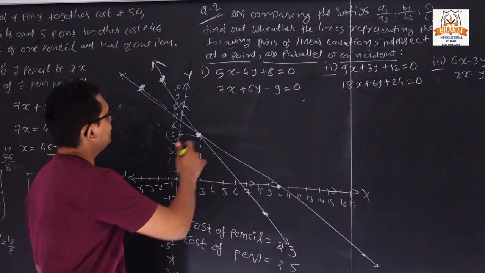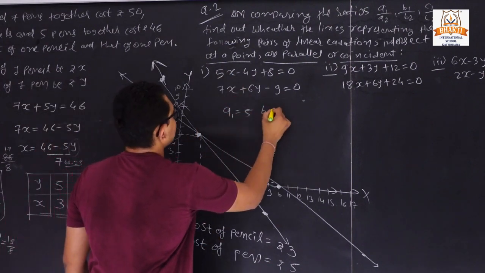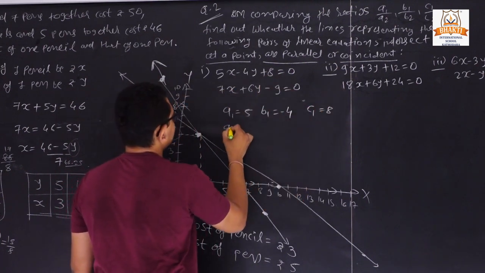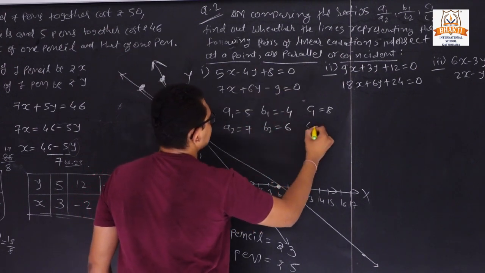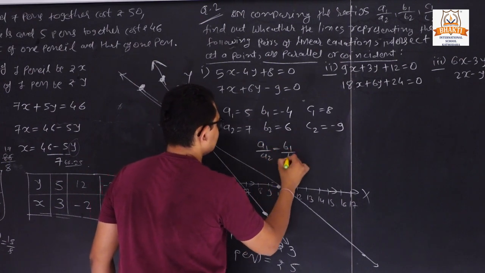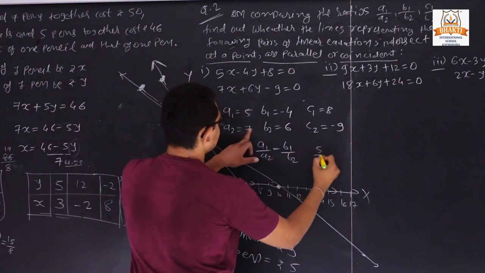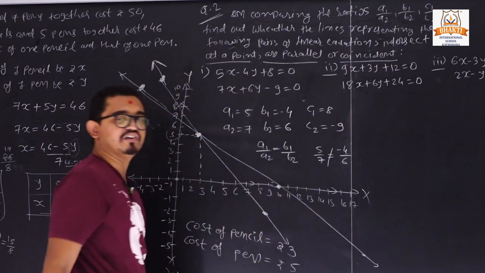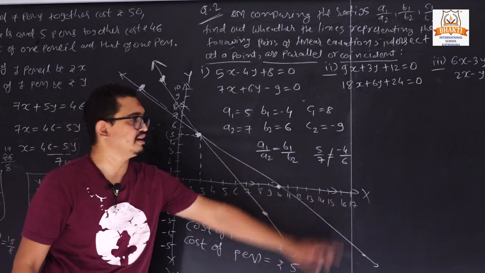First of all, here I am comparing: A1 is 5, B1 is -4, C1 is 8, then A2 is 7, B2 is 6 and C2 is -9. Now we take the ratio. What is A1 upon A2? 5/7, and B1 upon B2 is -4/6. These both are not equal. Clear? See that here 5/7, here -4/6.